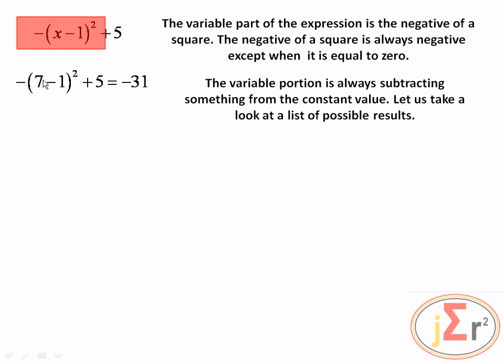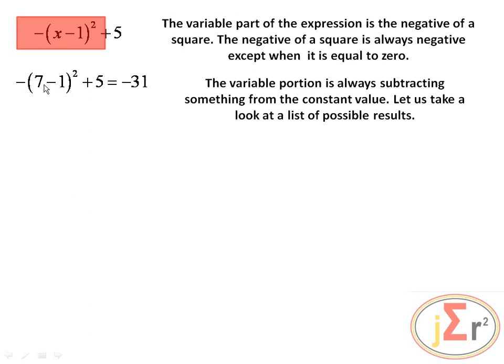So we have when x is equal to 7, negative 7 minus 1, all squared, plus 5. Of course, notice that is going to be 7 minus 1 all squared, that is going to give 6 squared, that is going to give 36. But now after we have squared the result and we get a positive value, which is 36, we need to subtract. We need to also include this negative sign, so we have negative 36.